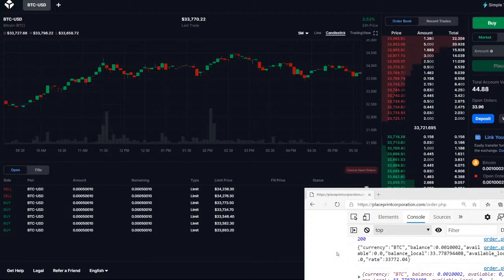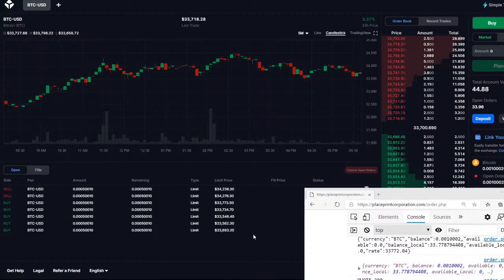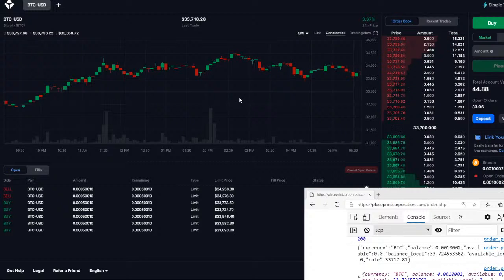Alright guys, still limited conversation, but we are still having the algo run, but there's no available balance because those two positions are still in. 3350 is holding support. We've got that target at 34,200 in order to open up the account balance again.